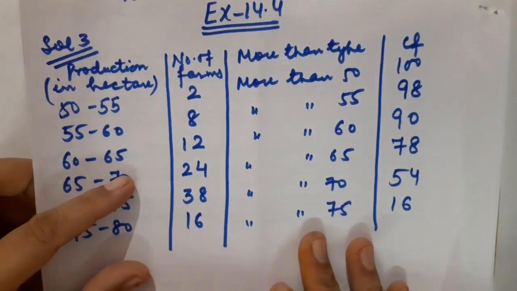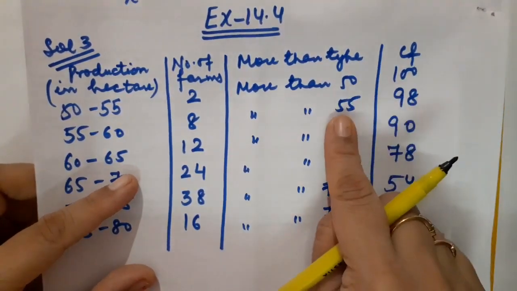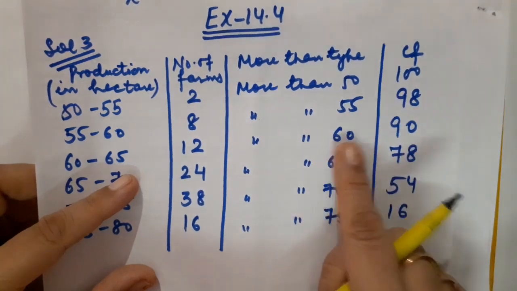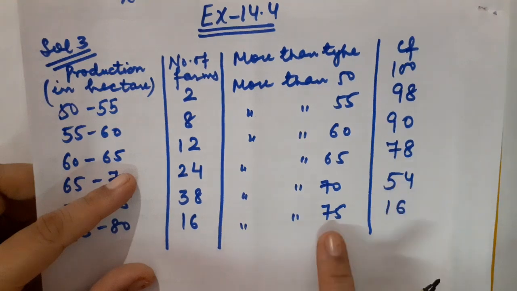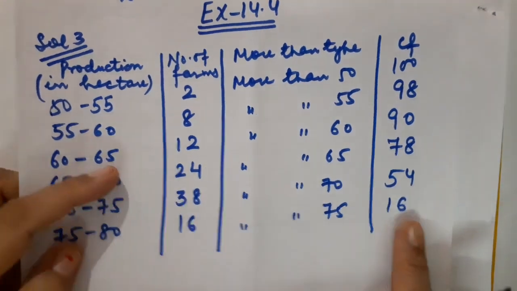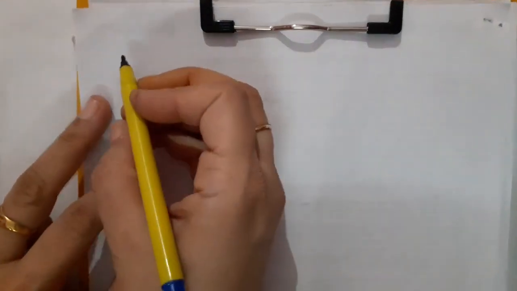Now children, how will we take the coordinates? 50 with 100, 55 with 98, 60 with 90, 65 with 78, 70 with 54 and 75 with 16. So let us write the coordinates so that we can easily make the more than type ogive.